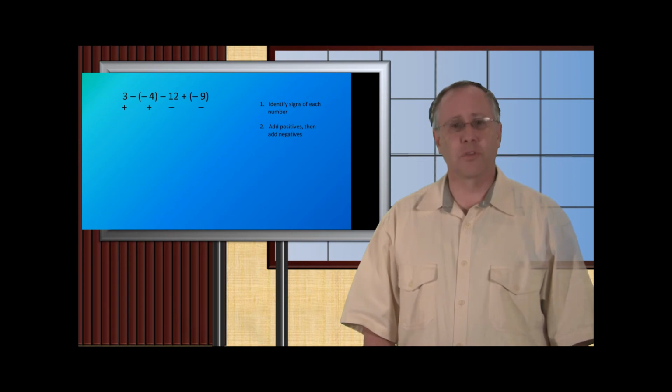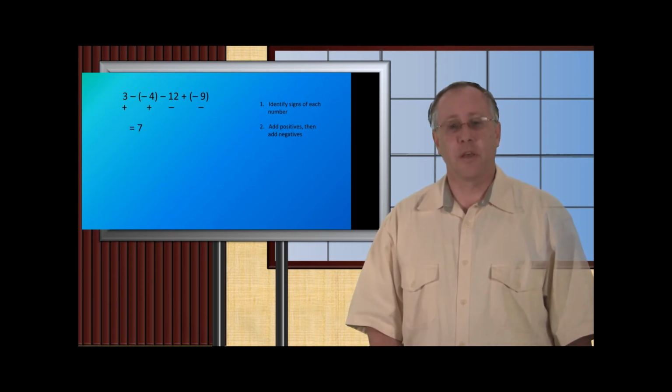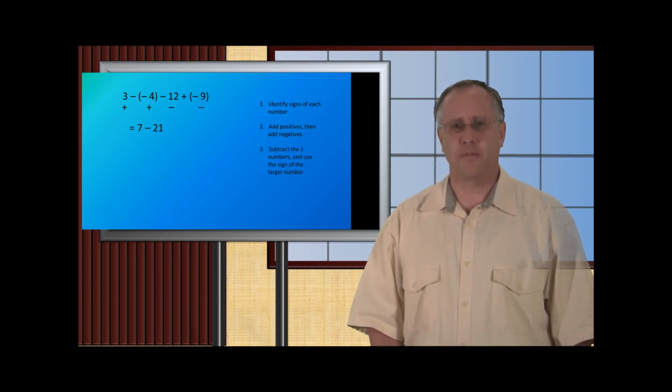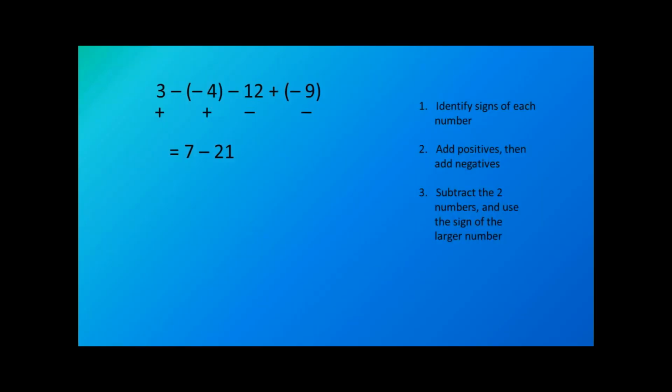The positives are the 3 and the 4, and they add up to 7. The negatives are -12 and -9, and they add up to -21. So we've got 7 minus 21. We subtract the two. 21 minus 7 is 14. And we use the sign of the larger number, which is the negative, so our answer is -14.